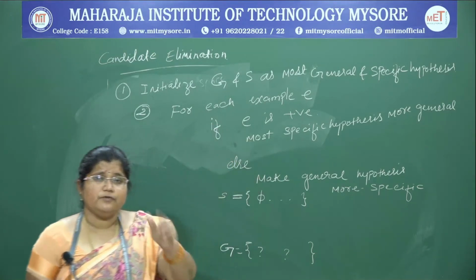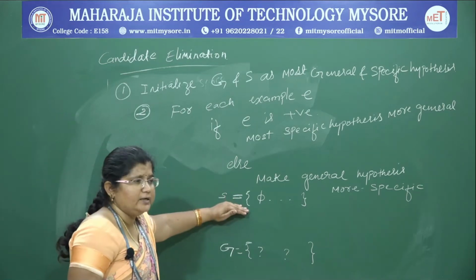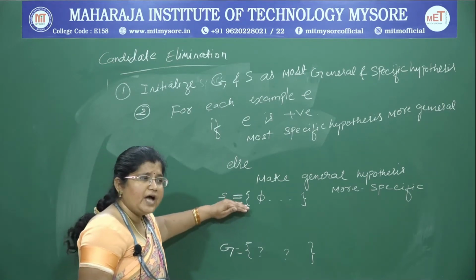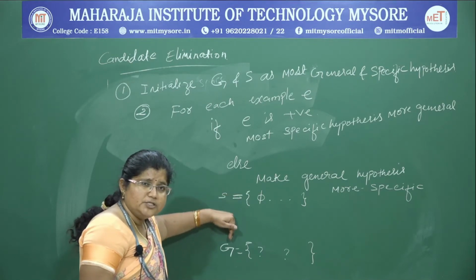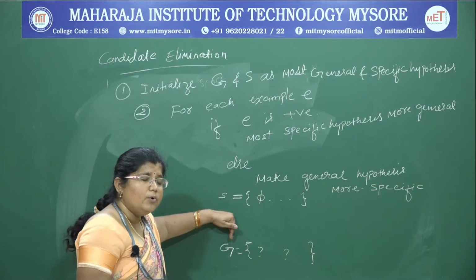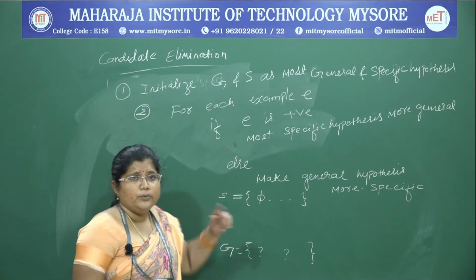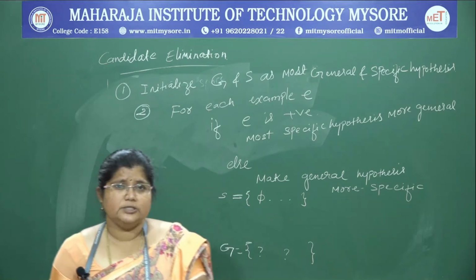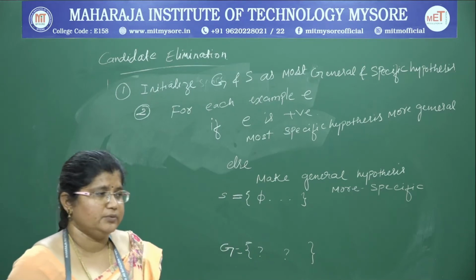During the process of addressing a positive example, the most specific hypothesis will be growing downward and trying to formulate into a more general hypothesis. That is whenever the training example is positive.